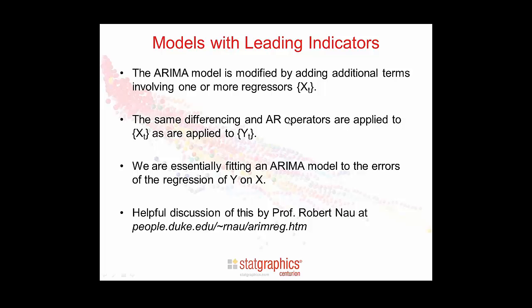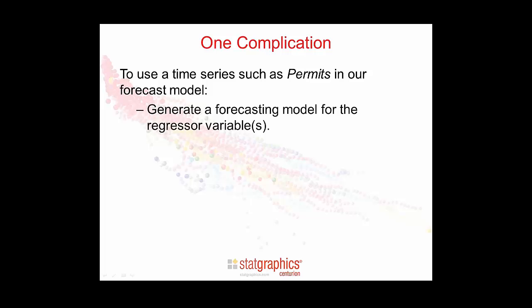Now, there is one complication. If I want to use a time series such as permits in my model for GDP, and I want to forecast out into the future, I'm first going to have to generate a forecasting model for permits. You know, if I want to forecast Q2 using lag values of permits, I need Q1.